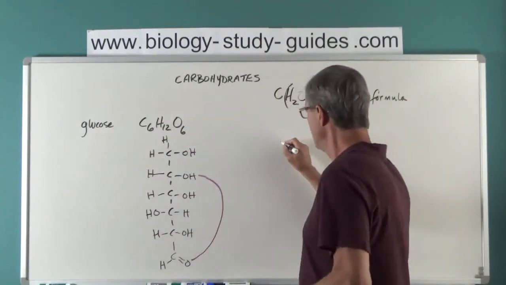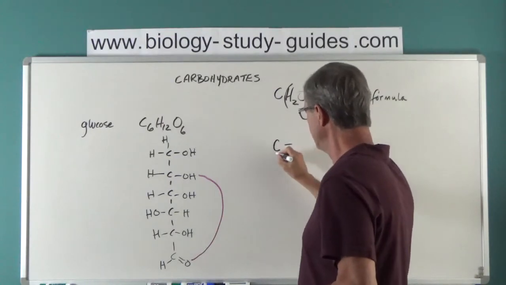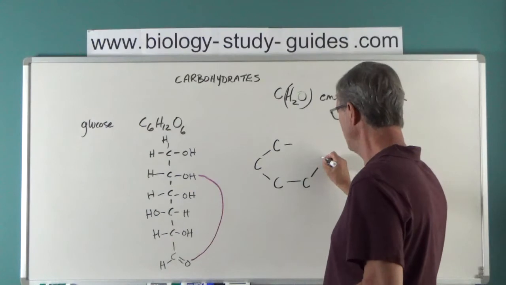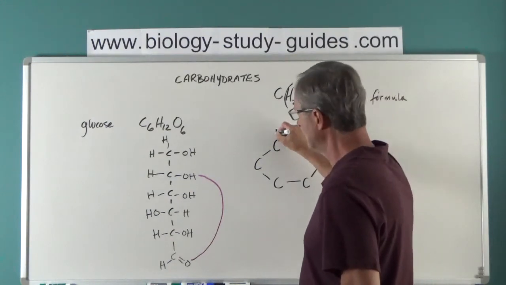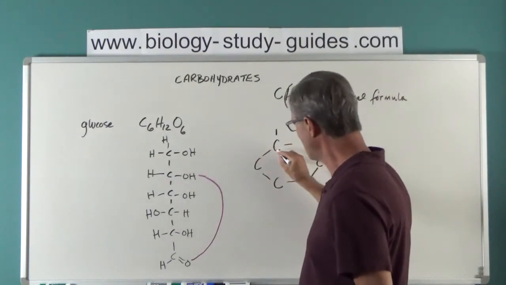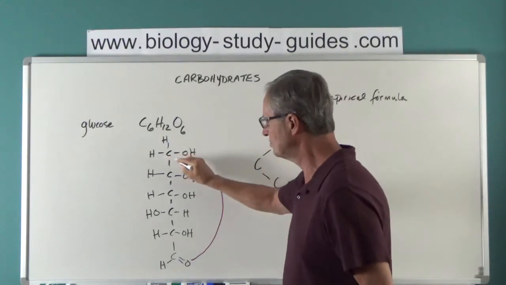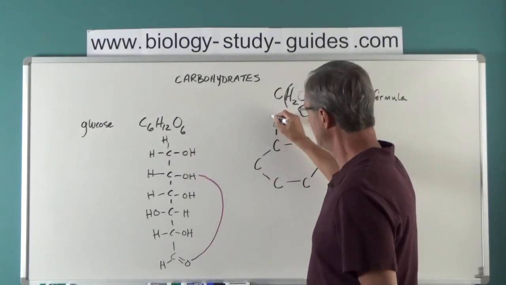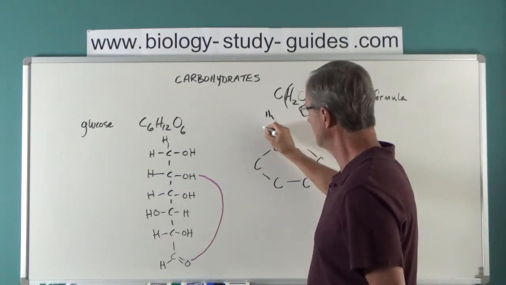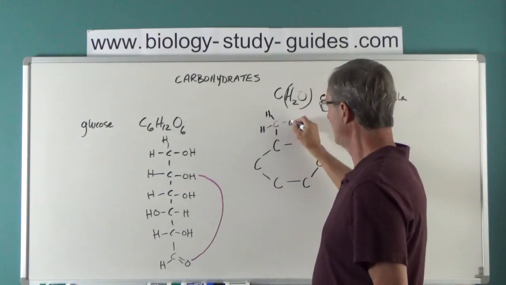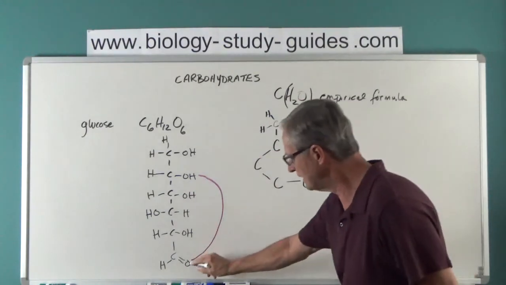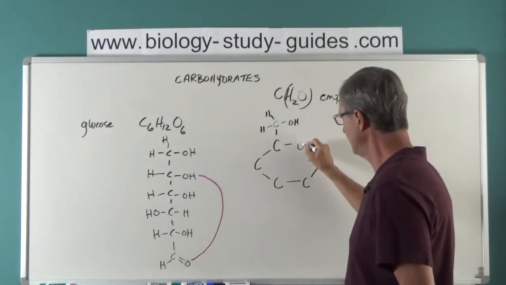So we have carbon, carbon, carbon in the cyclic fashion now, carbon. This carbon is this carbon here. This CH2OH is up here. CHOH, right? So that's that part up there. And what's missing in here is this oxygen is in here.